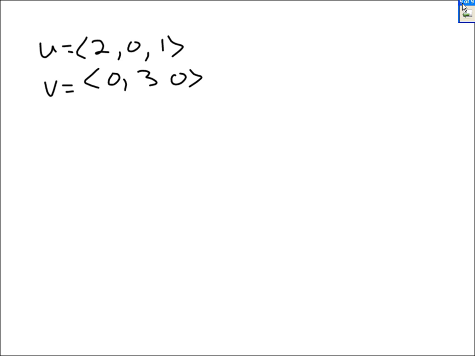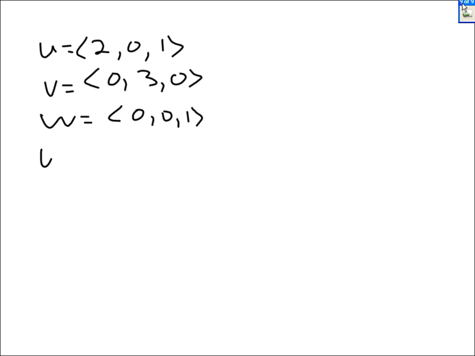Let's do one that's a little bit more interesting. Excuse me. Suppose you had u equal to 2, 0, 1, and v equal to 0, 3, 0, and w equal to 0, 0, 1.